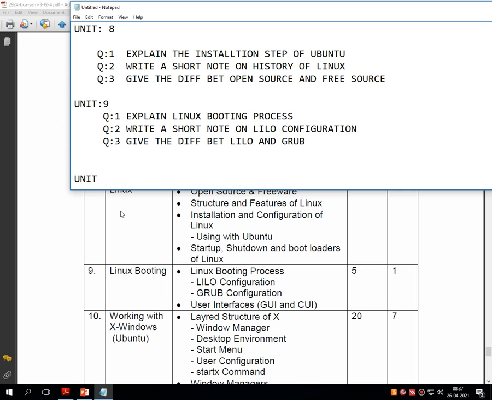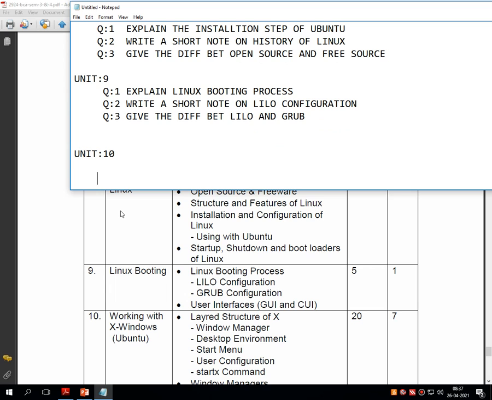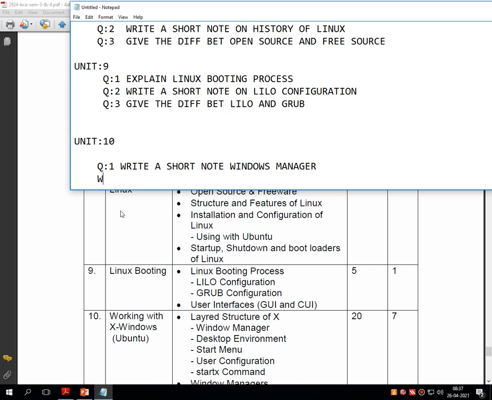Unit number 10. Question number 1. Write a short note on Window Manager. Question number 2. Explain desktop environment in detail.